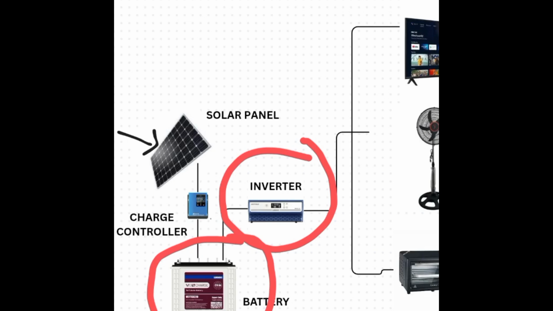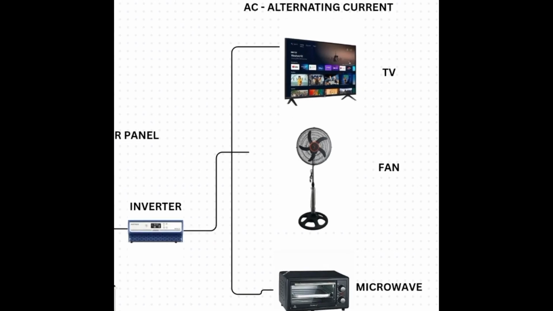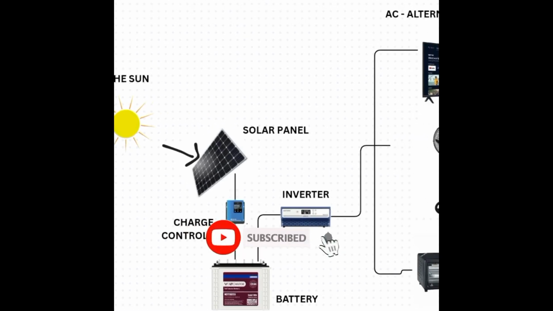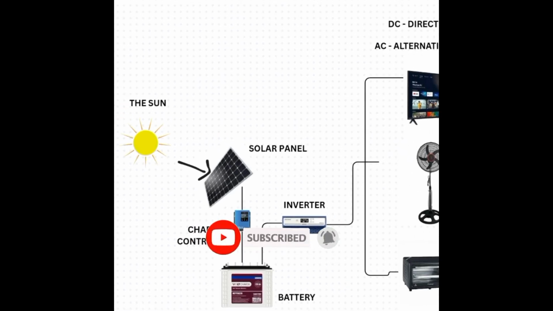That's why it is good to have as many batteries as you can afford. So the work of an inverter here is to convert the DC current from the battery so that it can power our appliances at home. Now you can see it's a very simple system. I tried my best to make it as simplistic as possible.